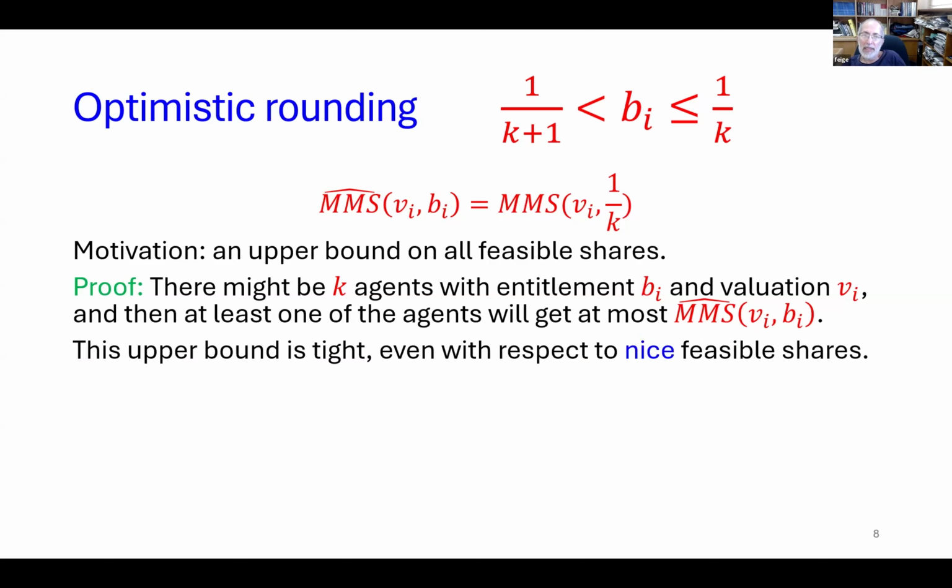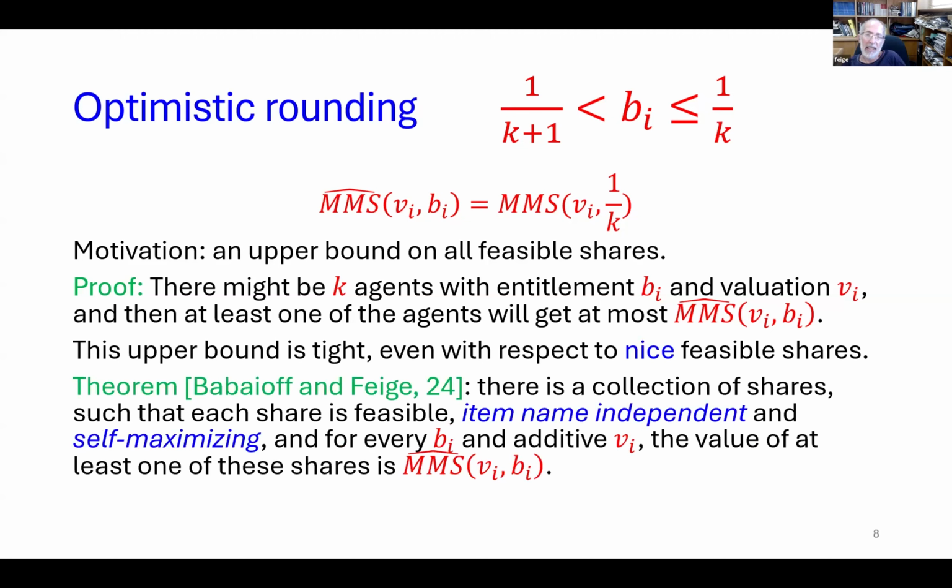Moreover, this upper bound is tight even with respect to nice feasible shares. So in work with Moshe, we show that there's a collection of shares such that each share is feasible. It's self-maximizing. We saw this concept in the previous part of the tutorial.